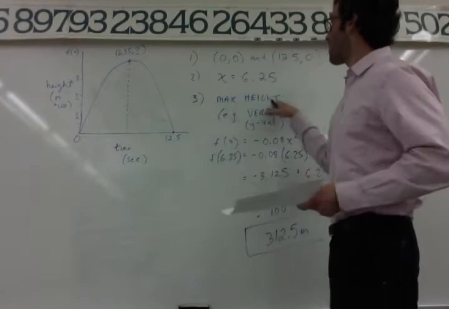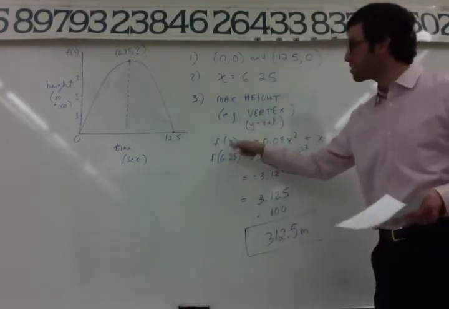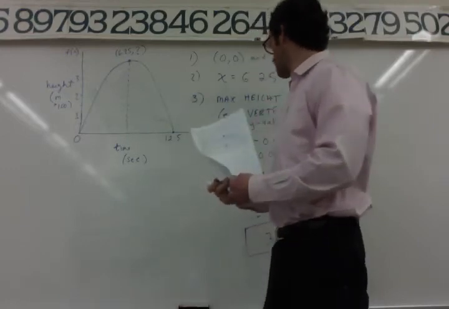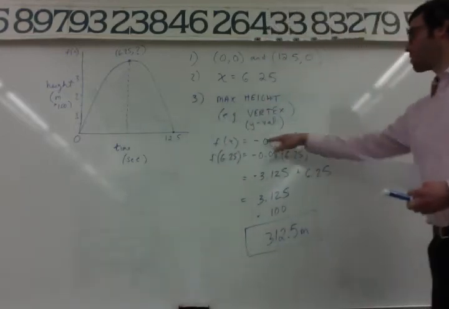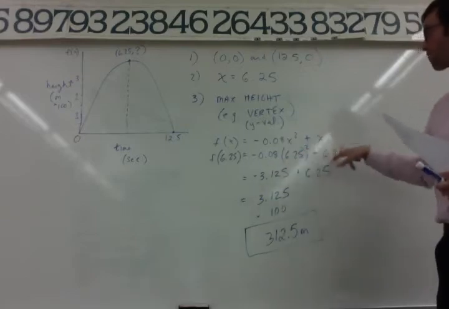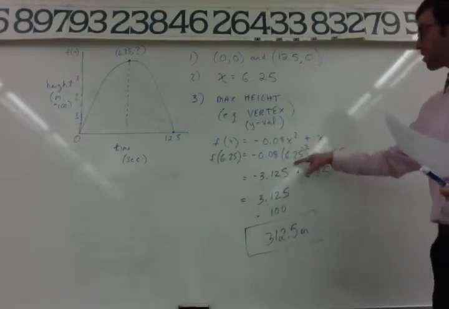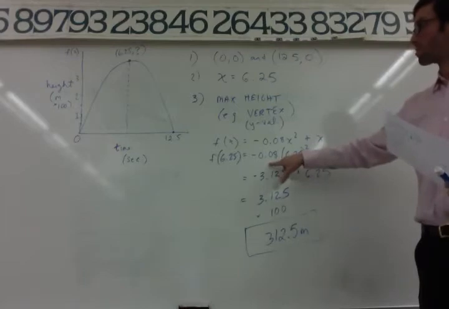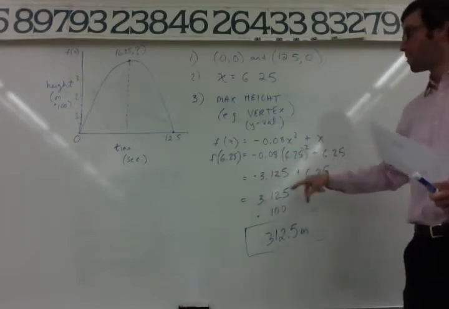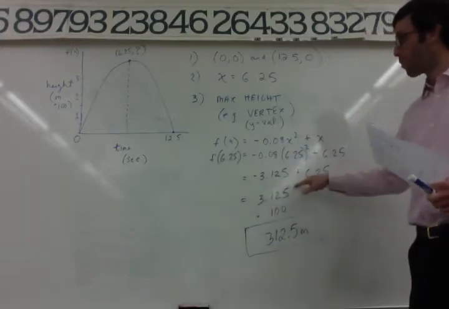To find the height, I've just plugged 6.25 into the equation, which is on this sheet. The function was negative 0.08x squared plus x. I plugged in 6.25 for x and squared it first, then multiplied, because of PEMDAS. Add these up, you get 3.125. So f of 6 1/4 is 3.125.